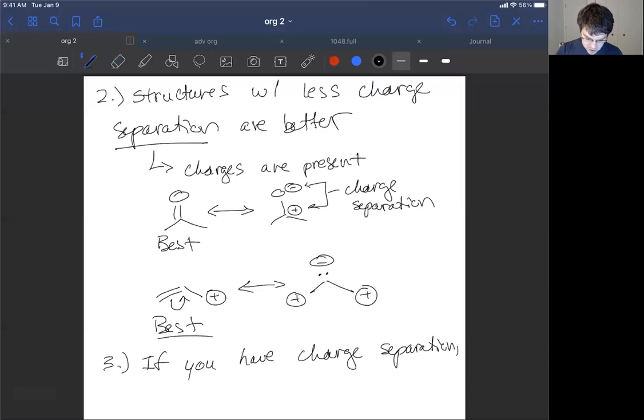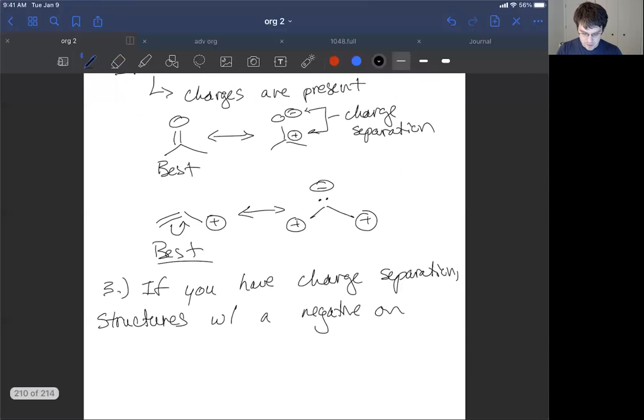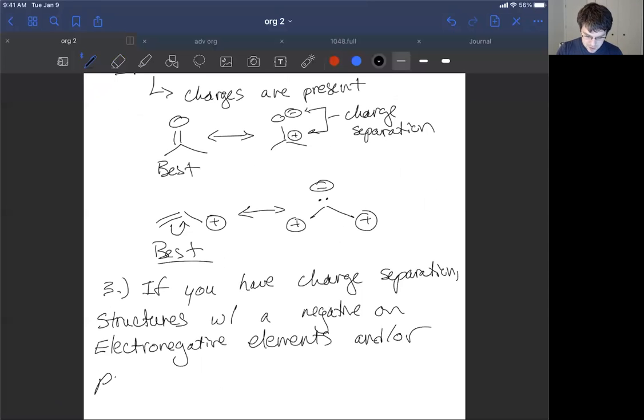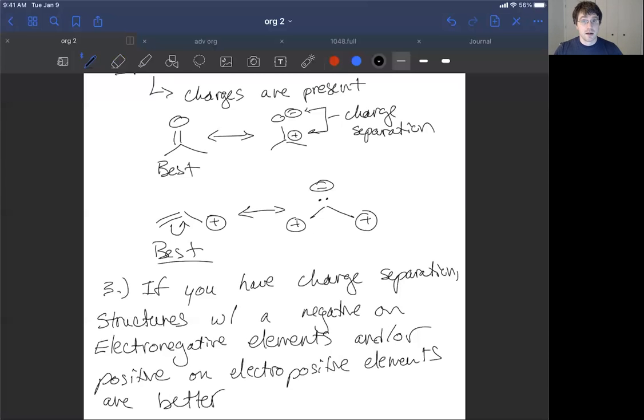If you have charge separation, structures with a negative on electronegative elements and/or positive on electropositive elements are better. That is to say, if you have a negative and a positive present, the one where the negative is on the electronegative atom is better.